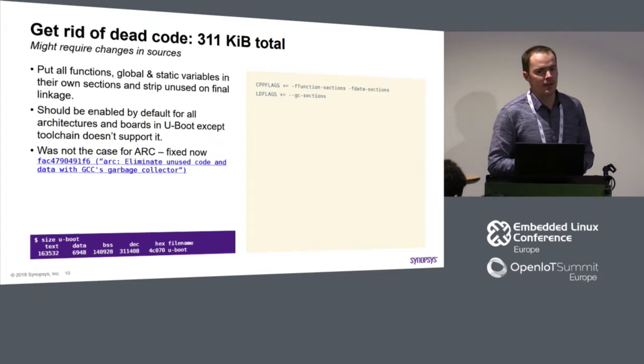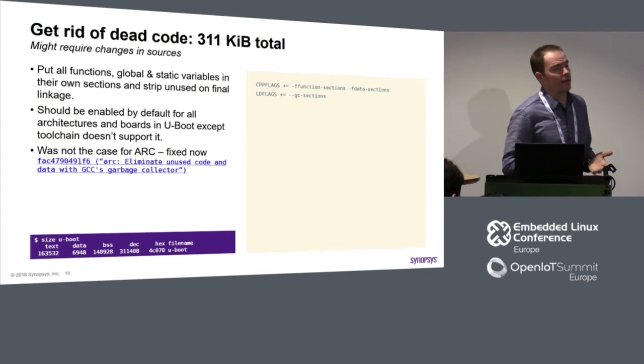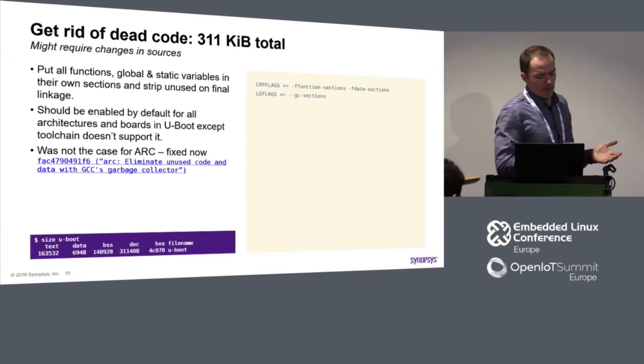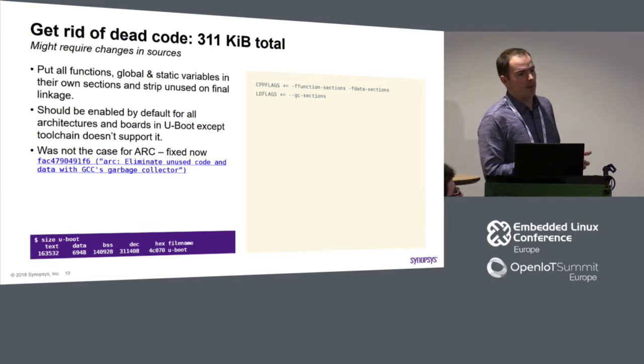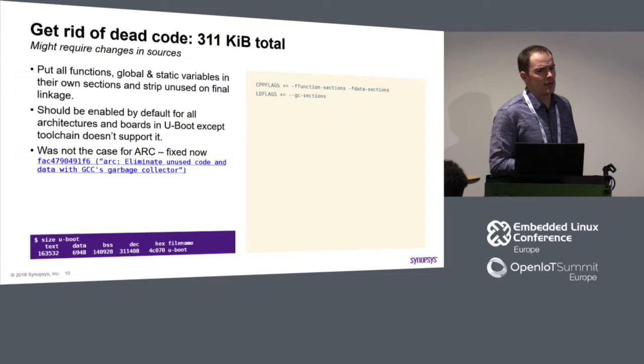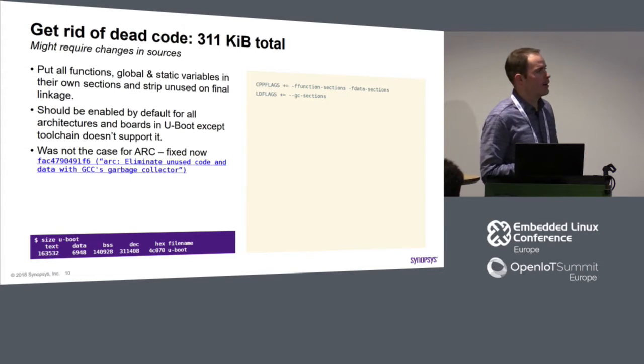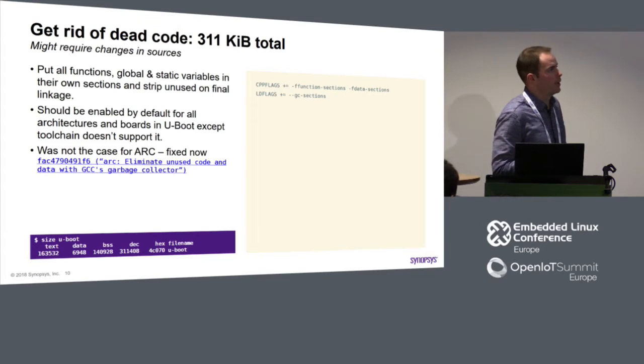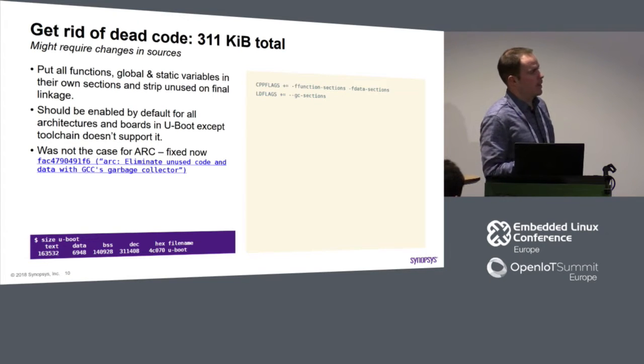Then I realized that actually most of the other architectures already do that, except ARC, and for some reason another architecture where it is not supported is MicroBlaze. I'm not sure, probably the toolchain doesn't support that because support is required, or probably it was never required because they always have a lot of memory. So with that nice thing, I was able to shrink another 5% of size, and we are getting even closer, but still we are not yet there.